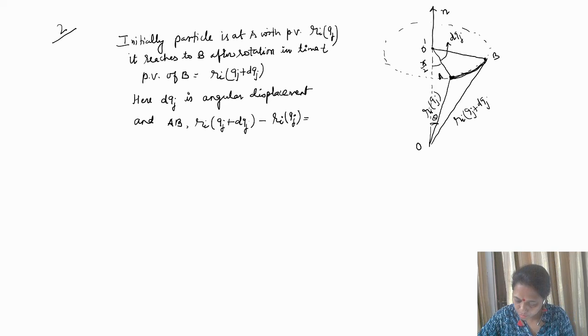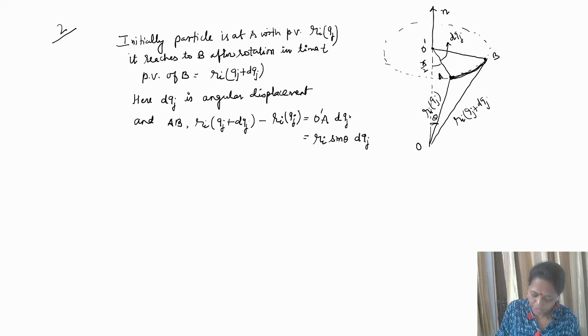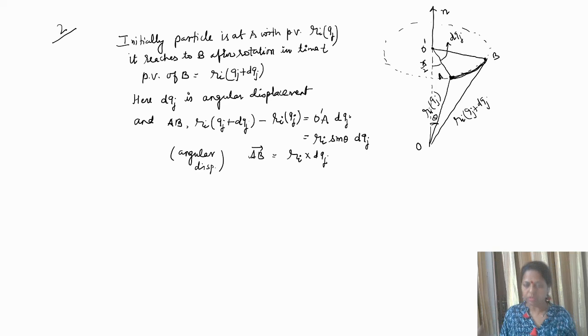If I say this to be O dash A, then this is equal to O dash A dqj. What is O dash A? O dash A is Ri sine theta dqj. You may also write AB like the angular displacement. If it is the angular displacement, it is equal to Ri cross dqj.